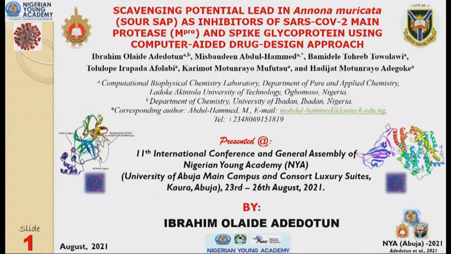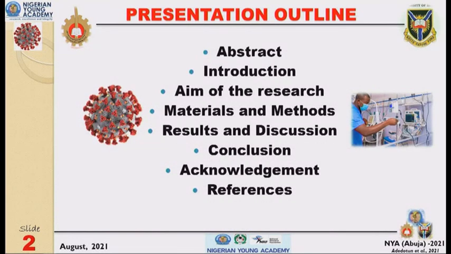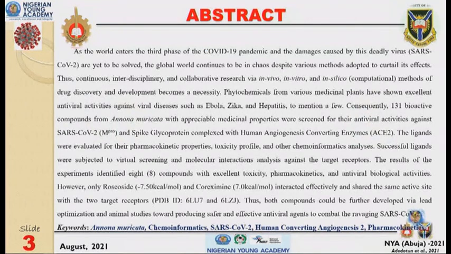The topic of my presentation is scavenging potential lead in Annona muricata, as inhibitor of SARS-CoV-2 main protease and spike glycoprotein using computer-aided drug design approach. Next slide. This is the outline of my presentation, and here is the abstract.